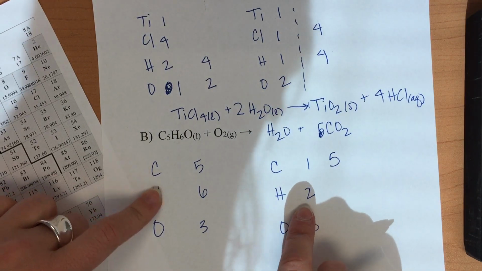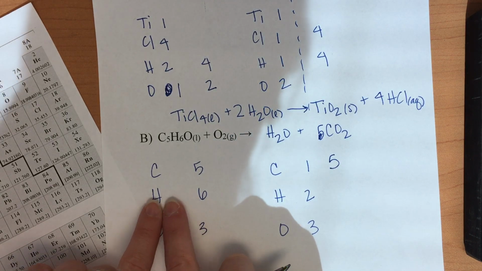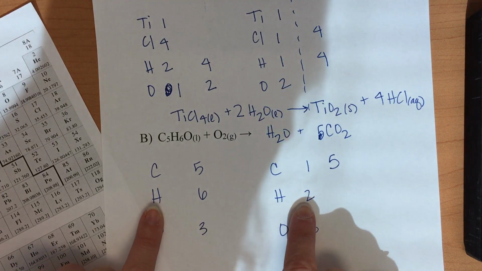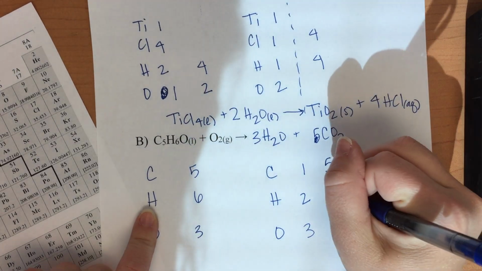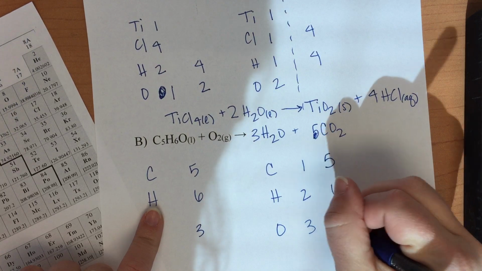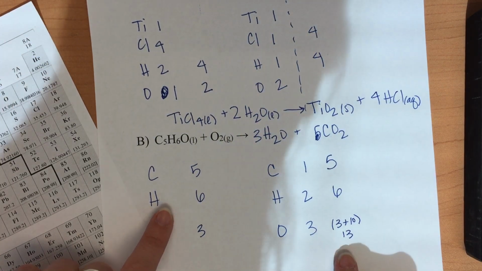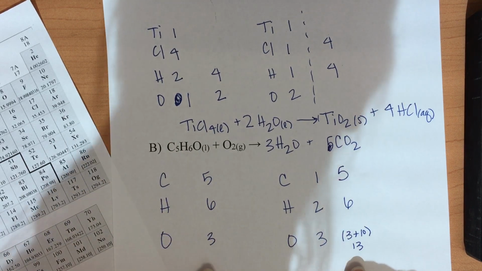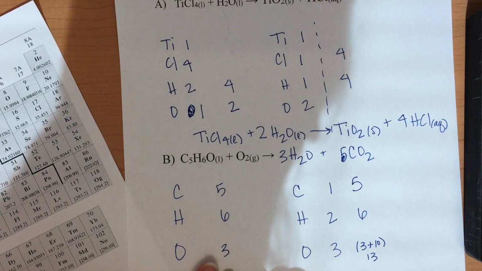So we're actually going to go ahead and balance the hydrogens, or attempt to do that at the same time, because we can have our 6 on the left give us just 2 on the right, so we can multiply. We can put a 3 here, which will give us 6, and this way we can total up our oxygens. So we have 3 plus 10, which gives us 13. So when we go back to the right side, 13 and 3 doesn't really work.